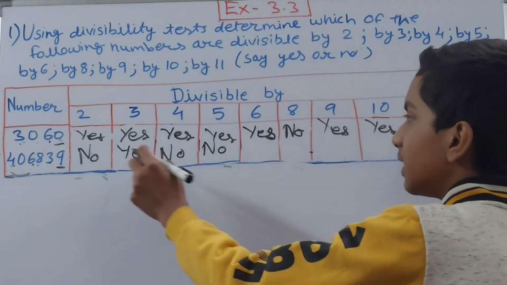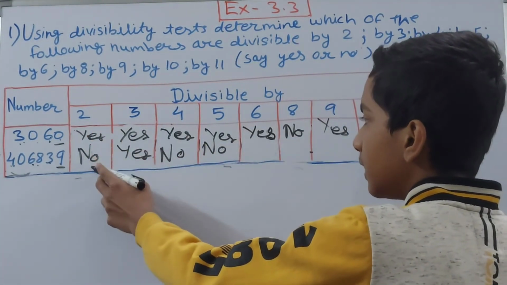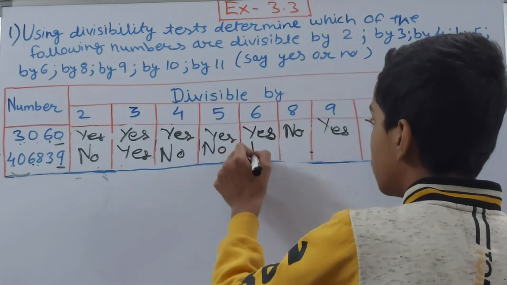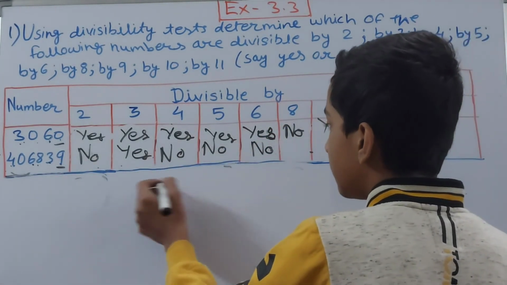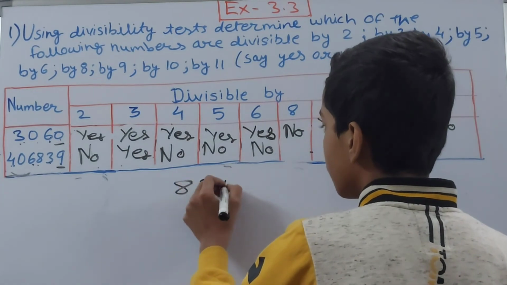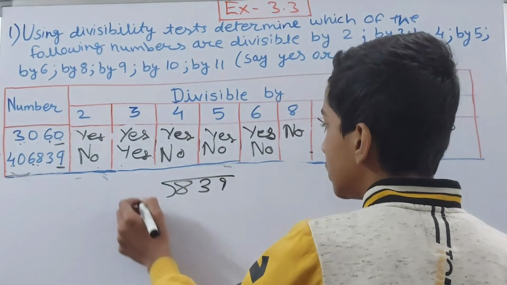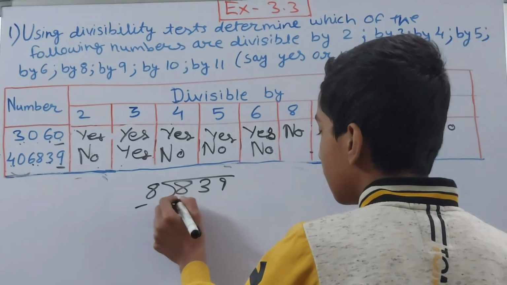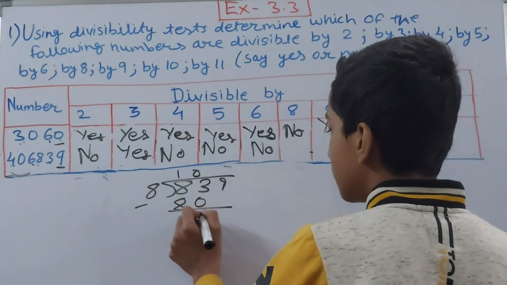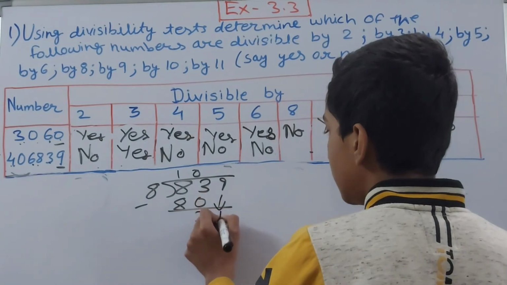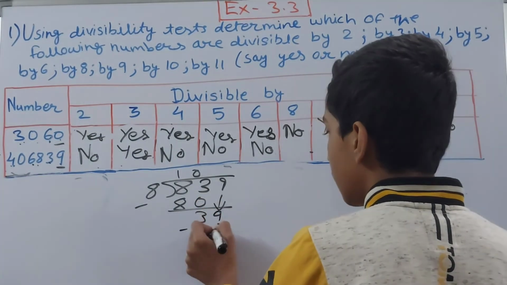For 6, the number should be divisible by 2 and 3. Here it is not divisible by 2. So no. For 8, we have 839, right? Now divide by 8, so you can take away directly 80 from this, 10 times. We are left with 3 and then 9 here, minus 32.